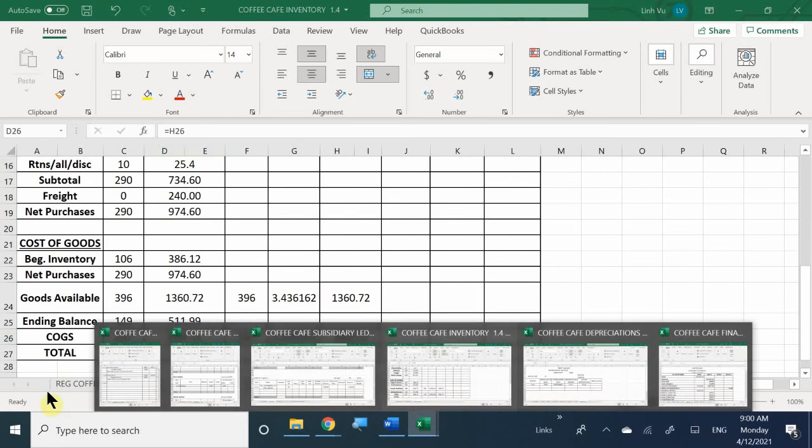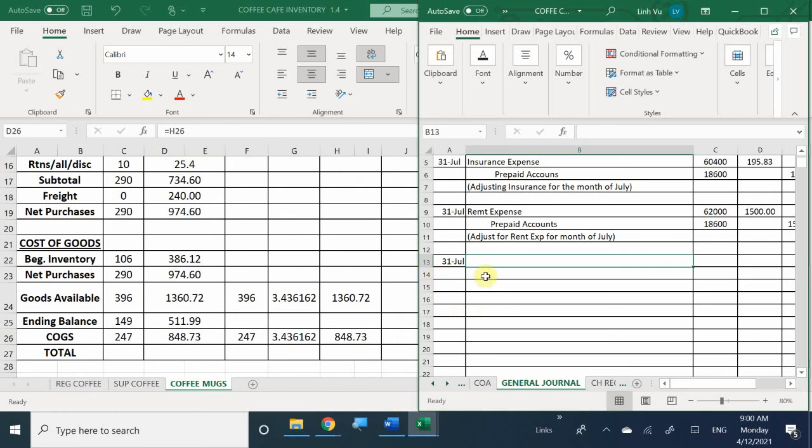First things first, if I'm journalizing my conversion, what do I need to recognize? Inventory. Good. So specifically, what is my inventory item? Ceramic coffee mugs.